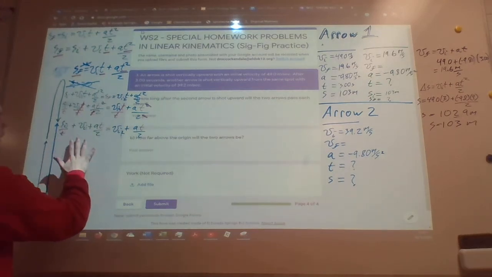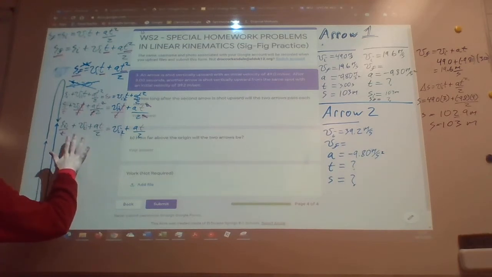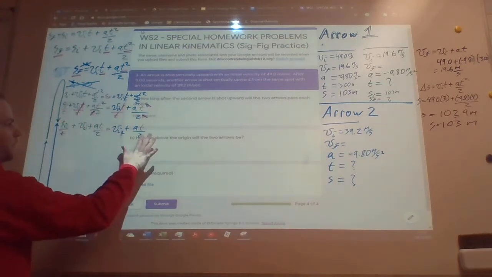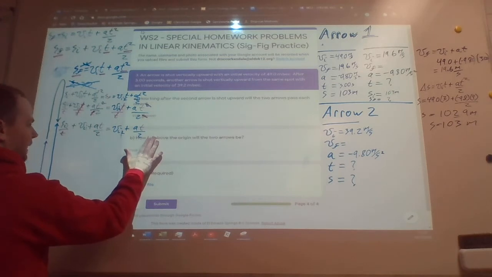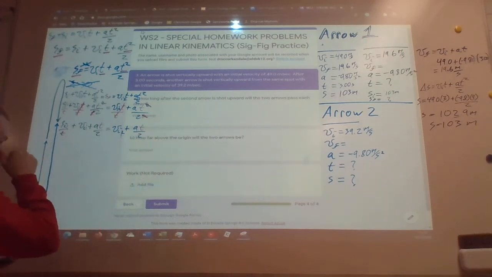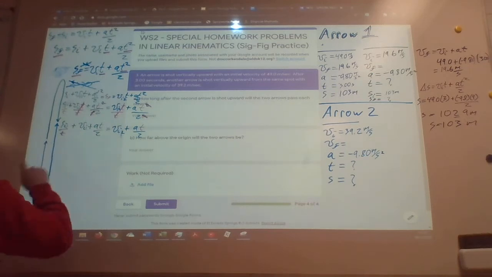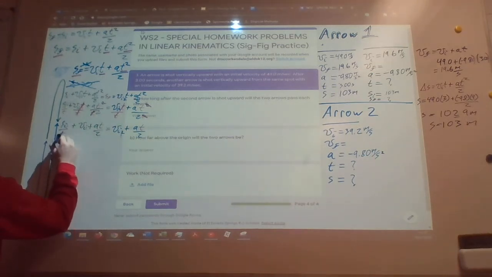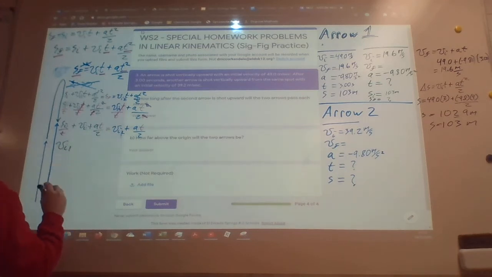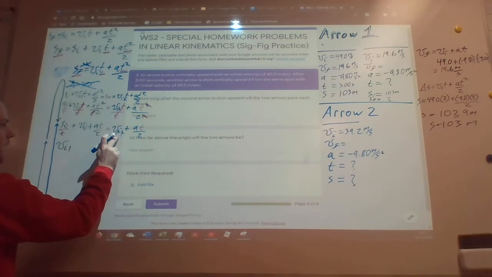Okay, now what we need to do is move all the terms that have a t in them to one side, and all the terms that do not have a t in them to the other side. So the first term that does not have a t in it is vi1. The only other term that doesn't is vi2.